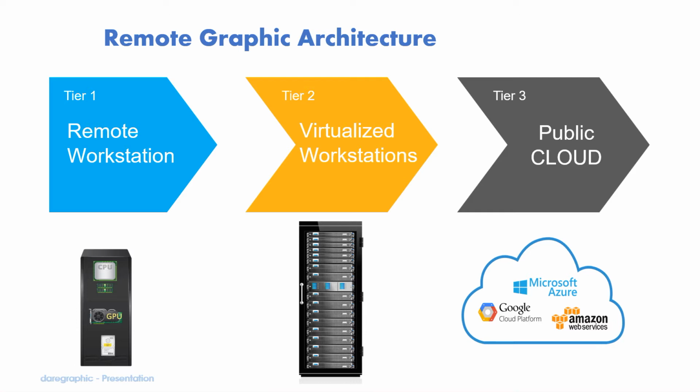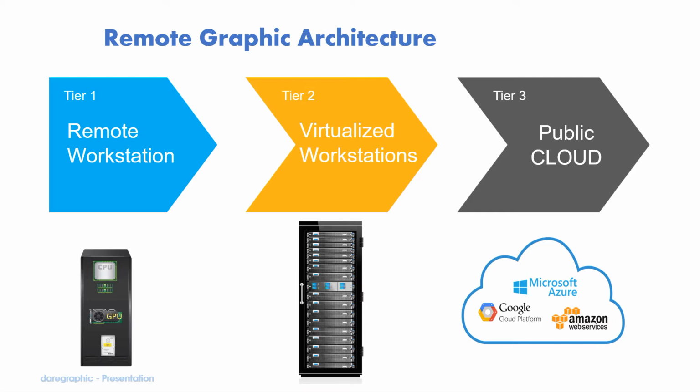So that's what we call remote workstation. Then in the middle, the tier 2, we have the virtualized workstation. Similar to the one on the left, but you can take a computer, install one graphic card or multiple graphic cards, and split those as we do with servers and make multiple users per server. So we call that virtualized workstation.